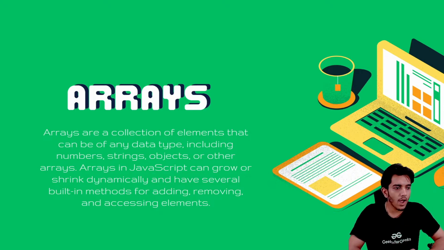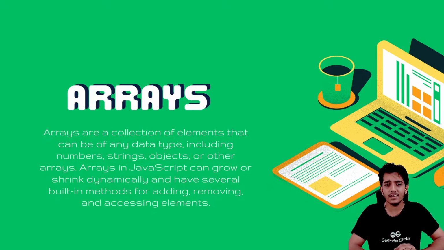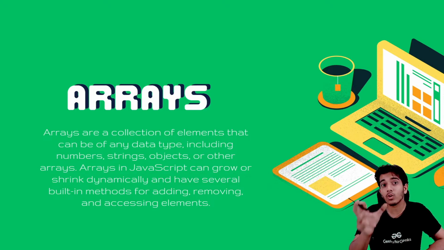Okay. So arrays are a collection of elements that can be of any data type in JavaScript. An array can contain different types of data, that is string, integer, float, any kind of different data type in a single array.